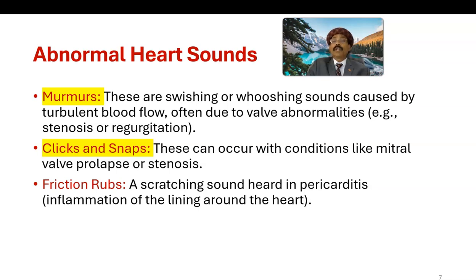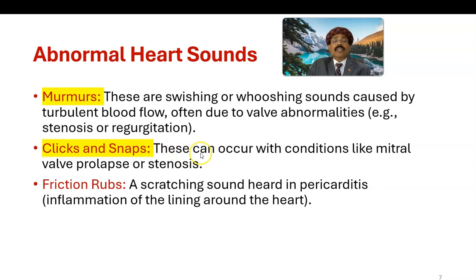Sometimes too much flow, like in anemia, may also produce a specific type of heart sound. Murmur means an abnormal heart sound due to abnormal flow and abnormal passage, like stenosis or regurgitation of the valves.